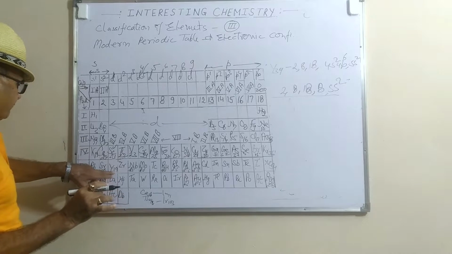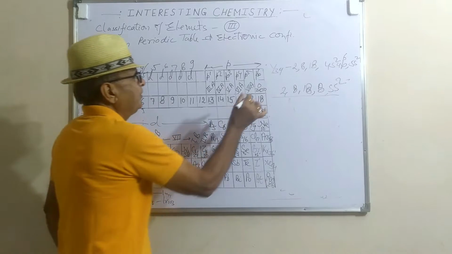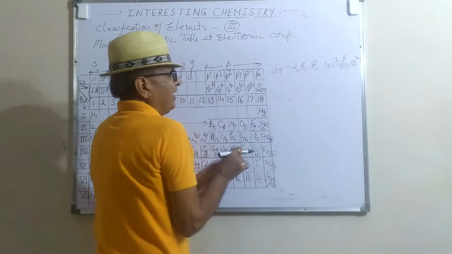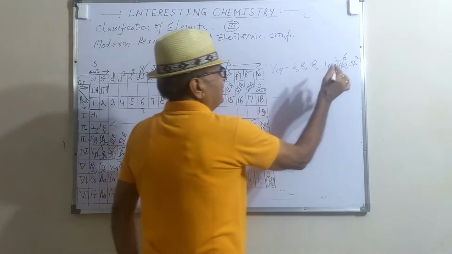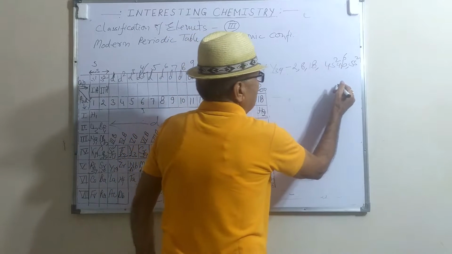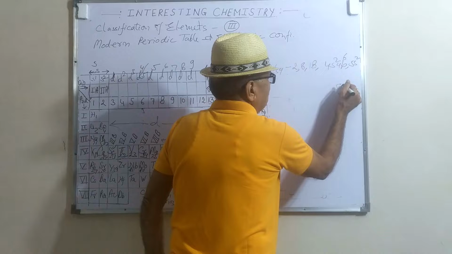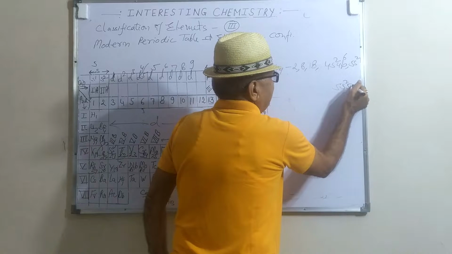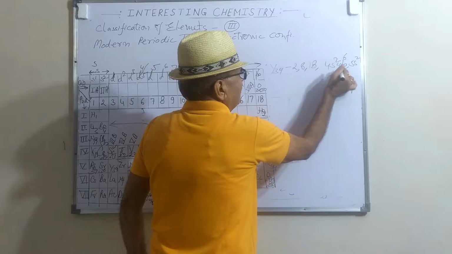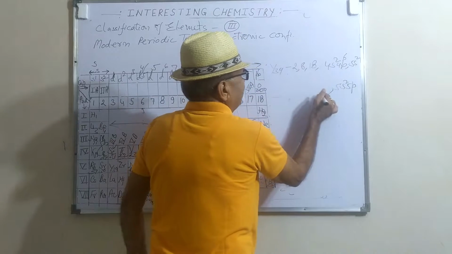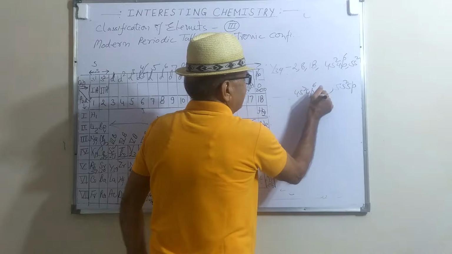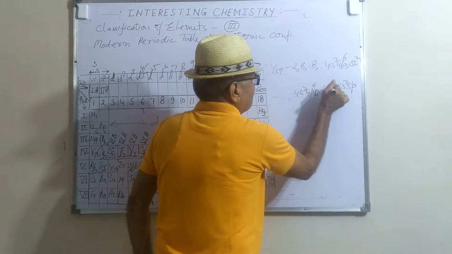How will you write it? You have to decide where the 39th electron will go. Because here 5s2, 5p is vacant, and here 4s2, 4p6, and 4d is also vacant.